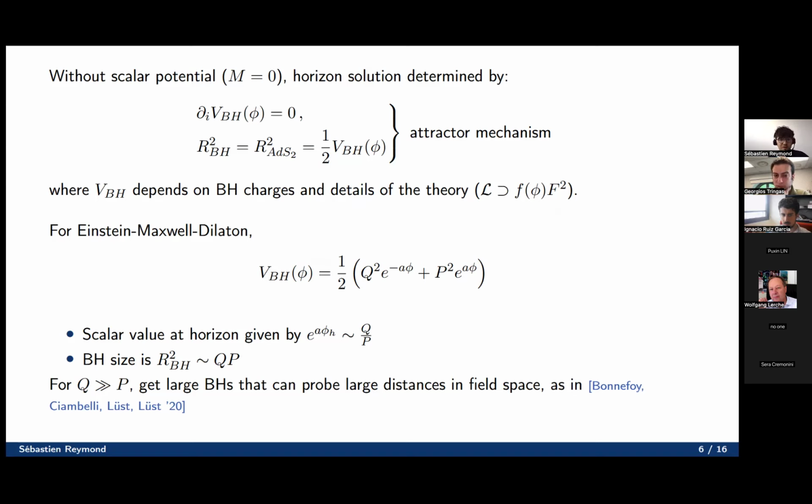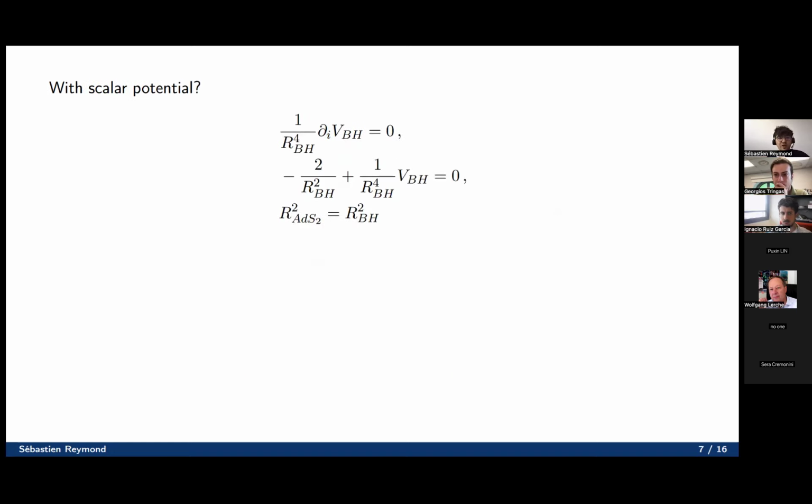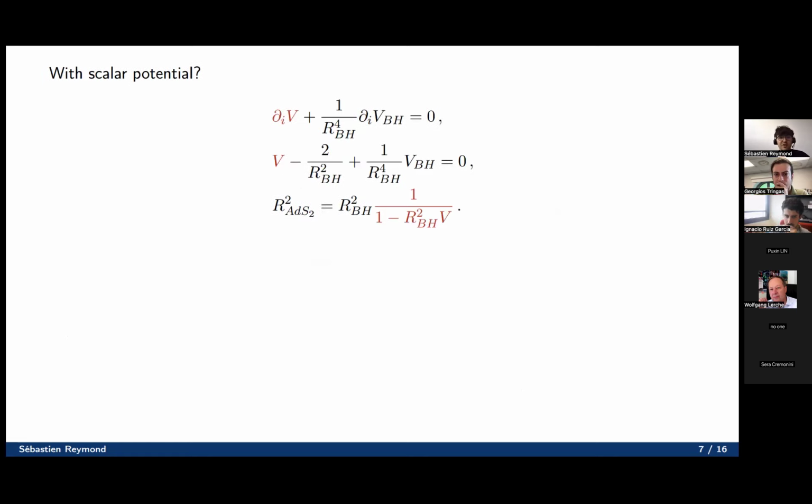Now, the question for us here is, how does the presence of a scalar potential, how does the presence of a mass for phi change the story? So here I'm rewriting the equations for m equals 0, and I'm showing you how they change when you add the scalar potential. So you see the first equation tells you that now there's competition between the black hole potential and the scalar potential.